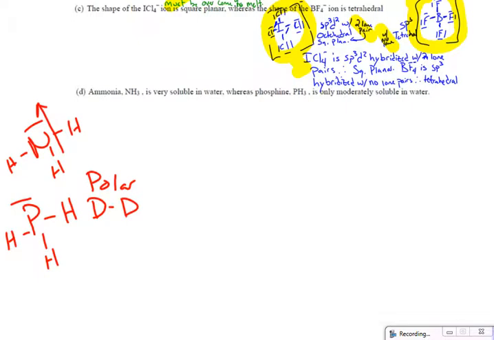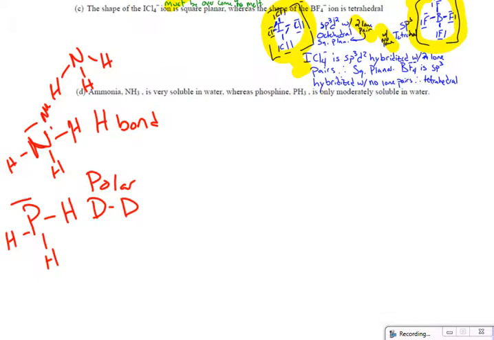However, with ammonia, you can form hydrogen bonds, which, remember, is not the bond between nitrogen and hydrogen. It's the attraction of a hydrogen bound to one nitrogen to a neighboring nitrogen. So ammonia can exhibit hydrogen bonds.